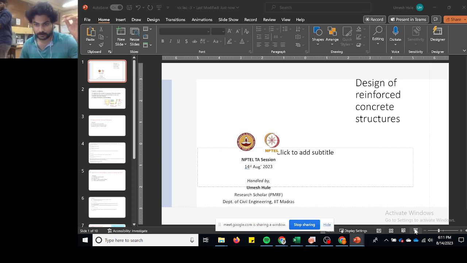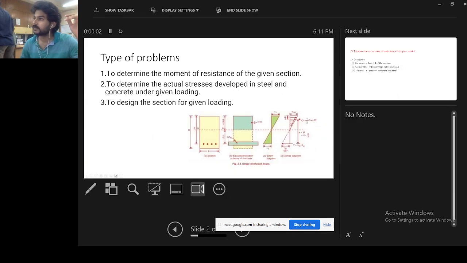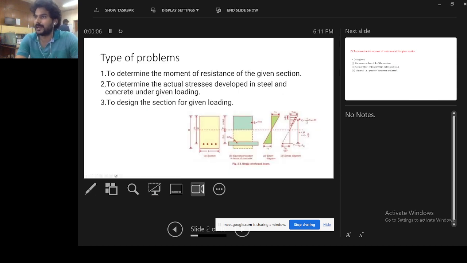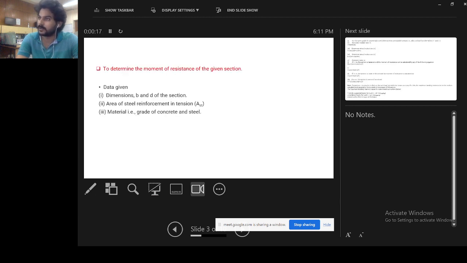Okay. So the type of problems they usually ask is to determine the moment of resistance of the given section, as we already solved. Here they will give different values like the dimensions, width B and depth D of the section.